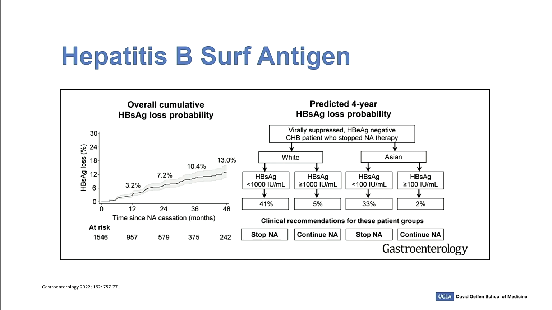And highlighting more specifically, by race, looking at Caucasians, if their Hep B surface antigen levels were less than 1,000, their probability of losing surface antigen was close to 40%, while among Asians, if their Hep B surface antigen levels were less than 100, their probability of losing Hep B surface antigen was close to 30%.